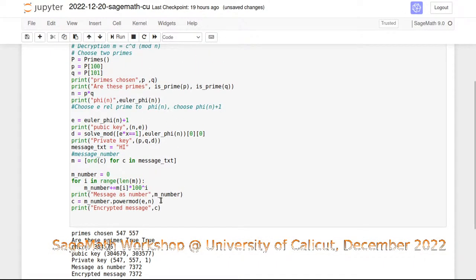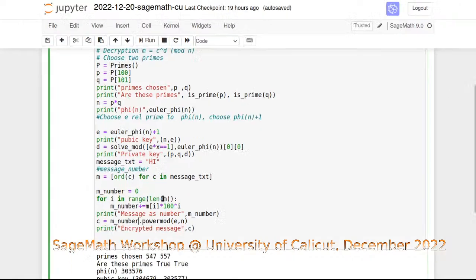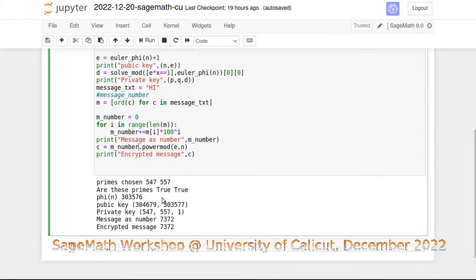Yes, m number, power mod. Where is that? C equals the second last line, m number dot. It will be a dot. Yes, it's a dot. Okay.